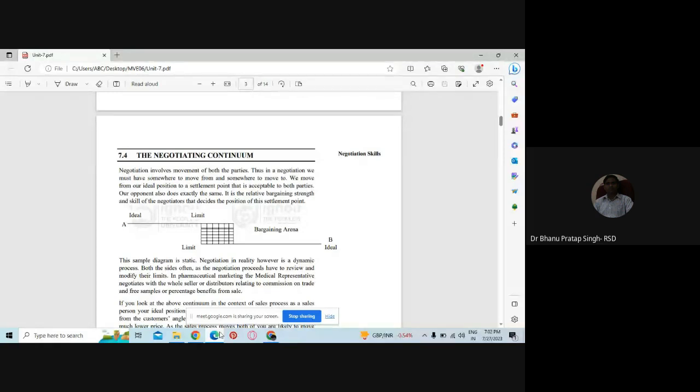There may be some limits of the seller or salesman, and there may be some limits of the purchaser or customer or buyer. But through mutual understanding or discussion, there is some bargaining arena. They mutually accept the things. This is called bargaining, and this is the negotiating continuum.